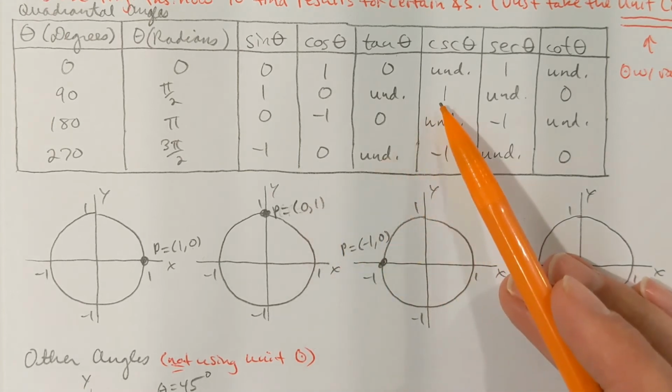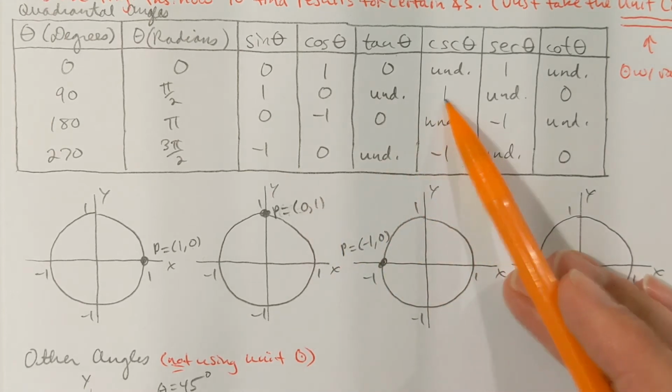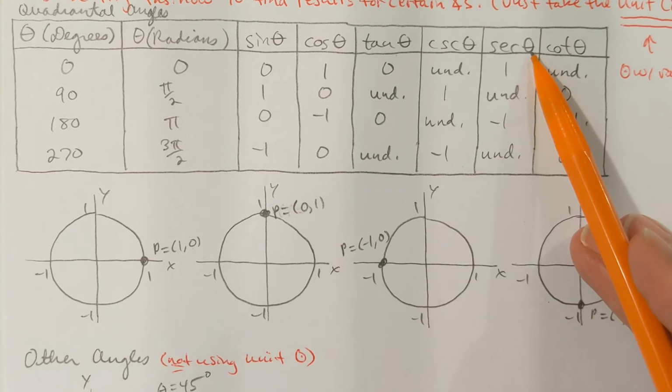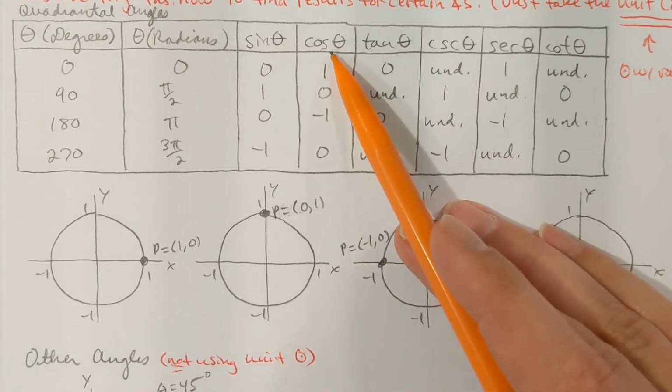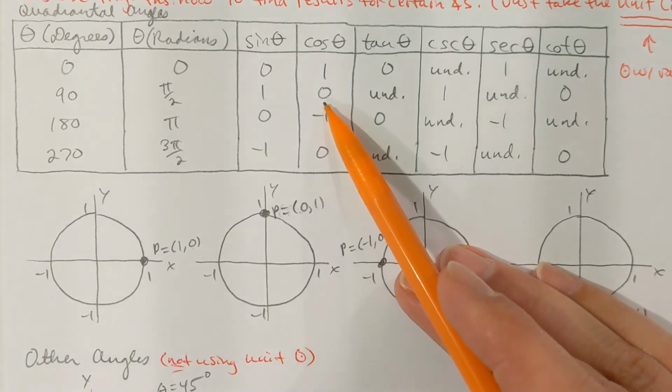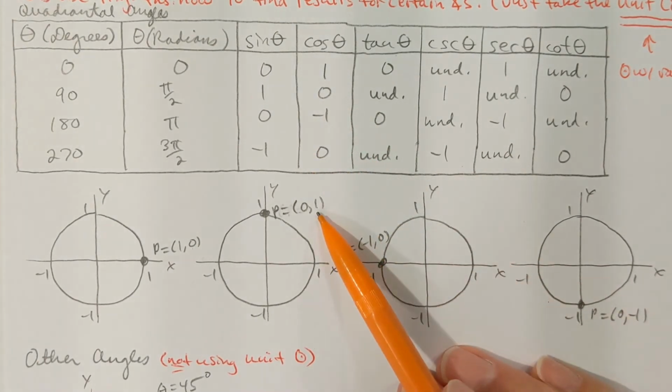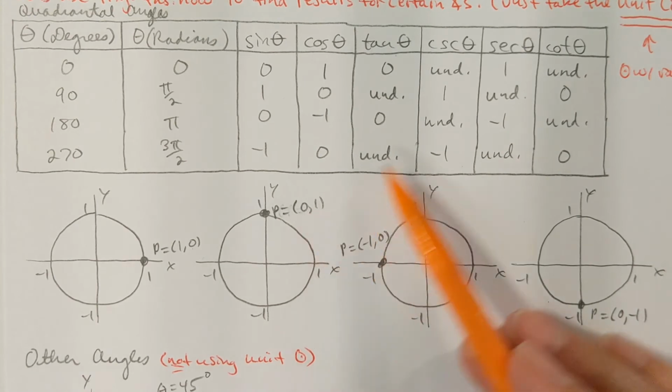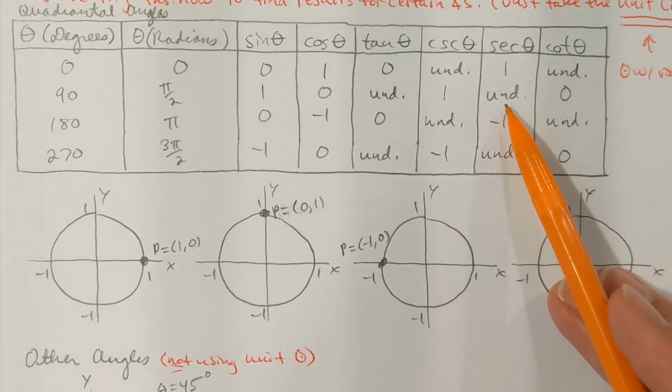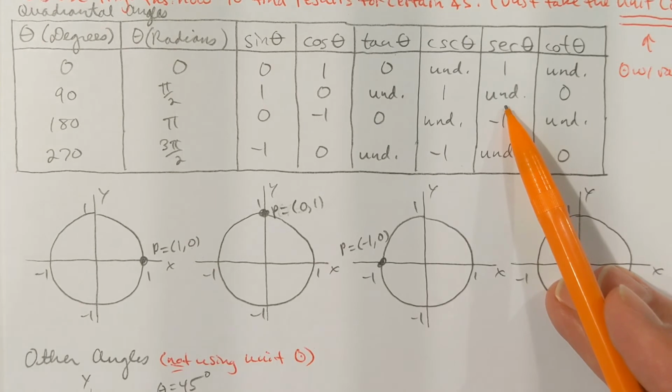Both of those are 1, so 1 over 1 is 1. Secant of 90 degrees would be the reciprocal of cosine of 90 degrees. So instead of x over r, it's going to be r over x. X is 0 though, so we know we can't divide by 0. We'd have something that's undefined.